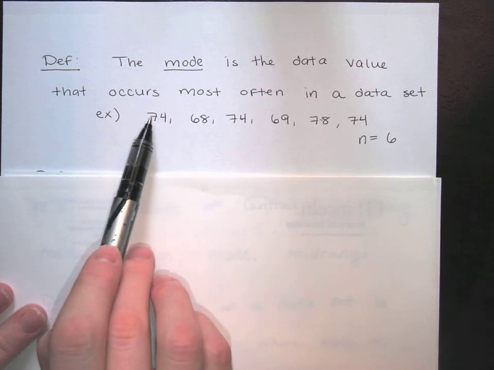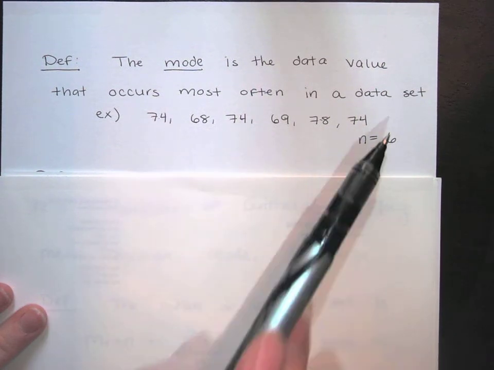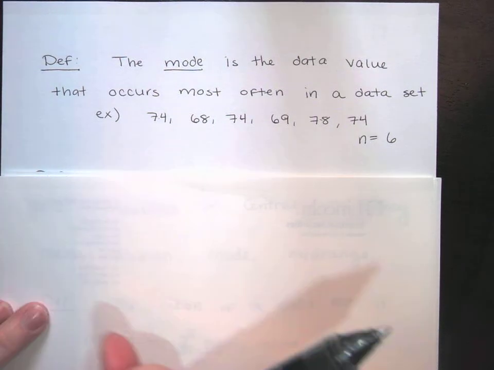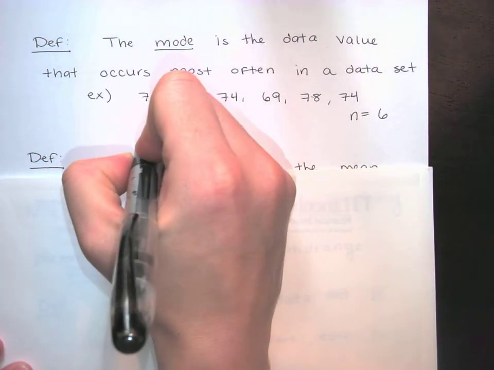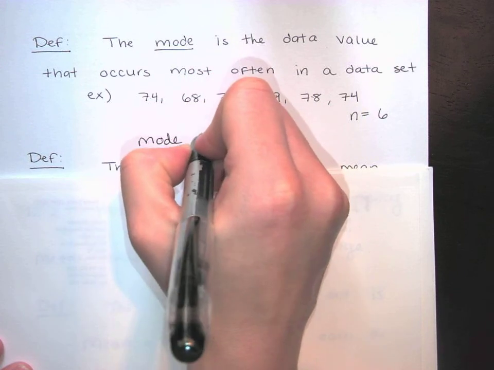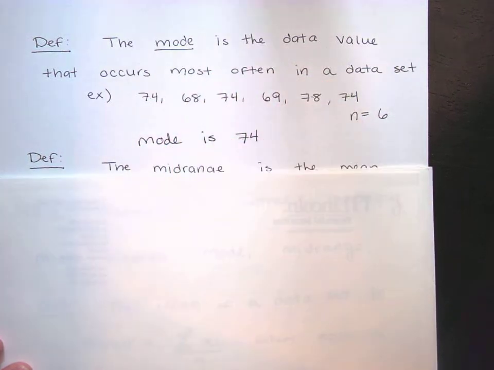And 74 shows up 3 times, so more than any other. The mode is 74 just because it is the number that we see most often.